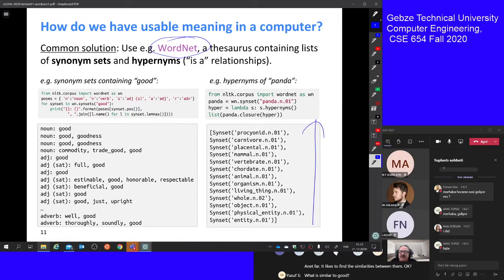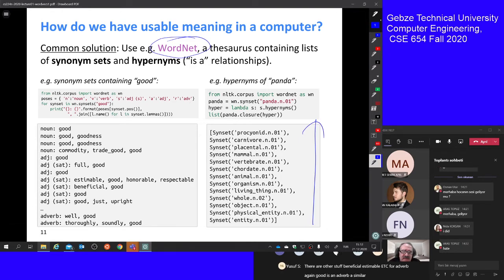Synonyms. Goodness. See, good has a different meaning here. Commodity. In commodity there is a good. For the adjective, good could be an adjective. There are other words, beneficial, estimable, etc. For adverb, again, good is an adverb, and similar adverbs are there.